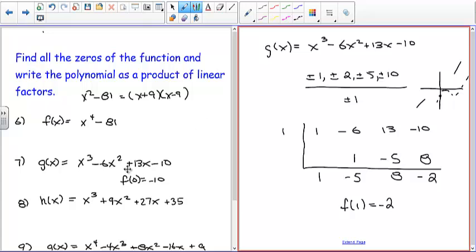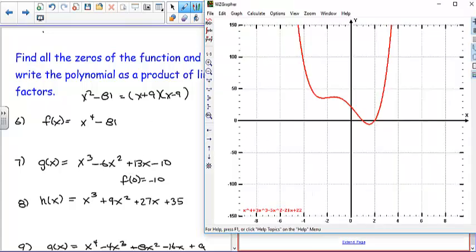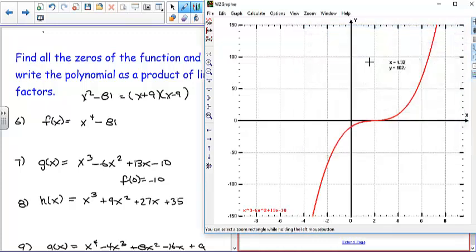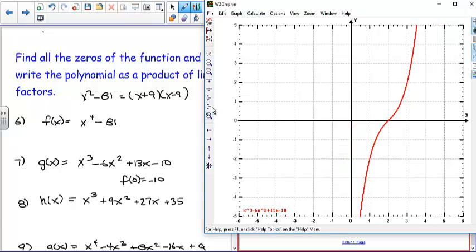Oh, there it is. So we've got x cubed minus 6x squared plus 13x minus 10. So we've graphed it there. And let's go to standard zoom here. And then we'll zoom out a little bit in the x direction.